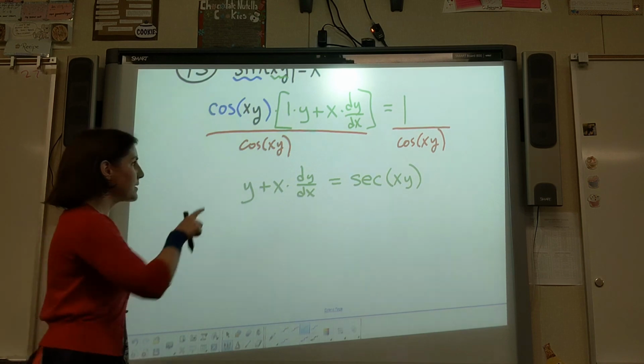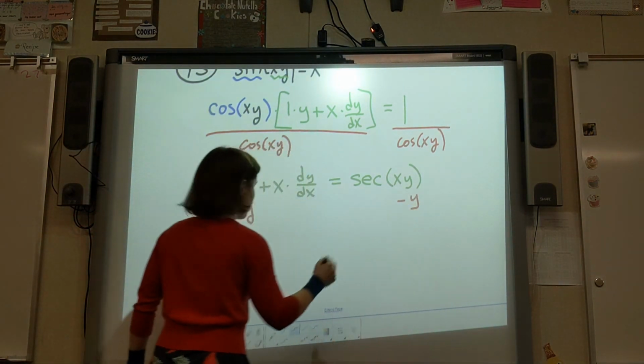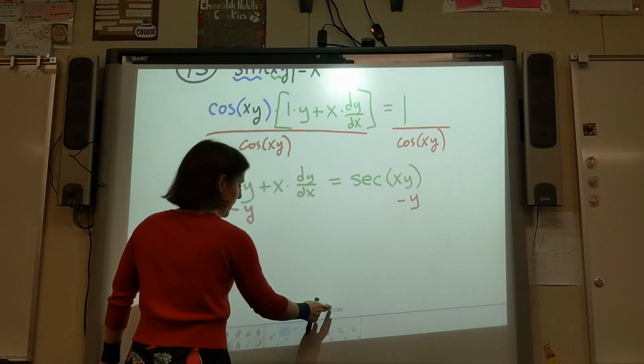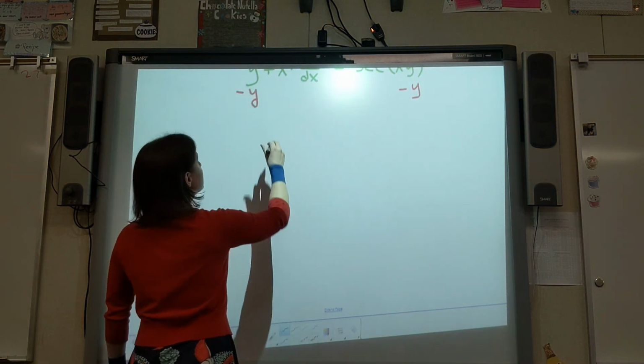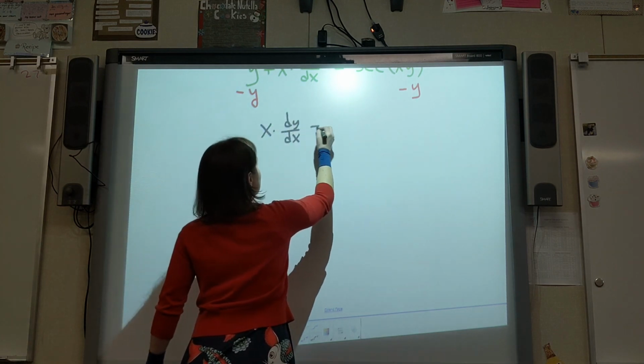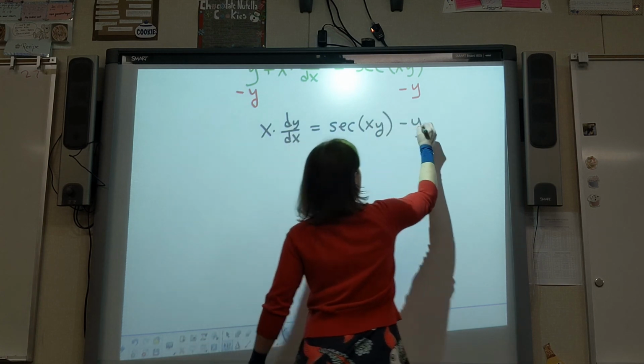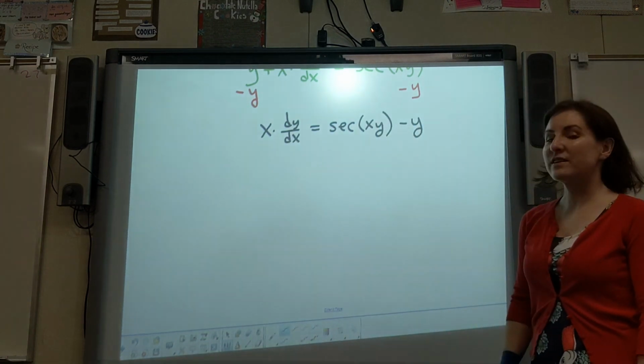Okay. I'm going to subtract y. Let's see what happens. Oh, I can't see. Oh my gosh. I think it was x dy/dx. I think I had secant of xy, and then we subtracted y. Pretty sure. But I'm feeling a little nervous about it.